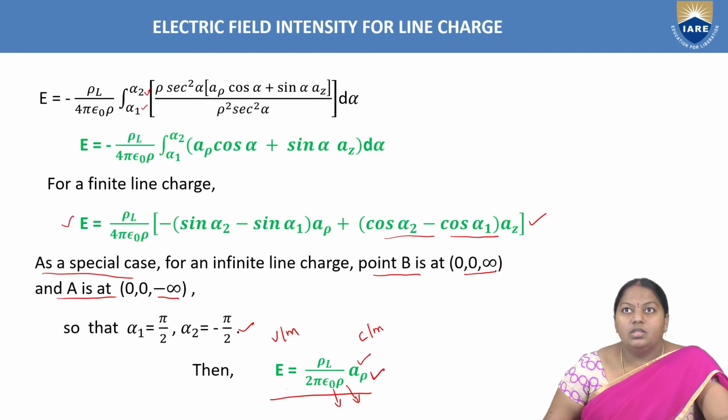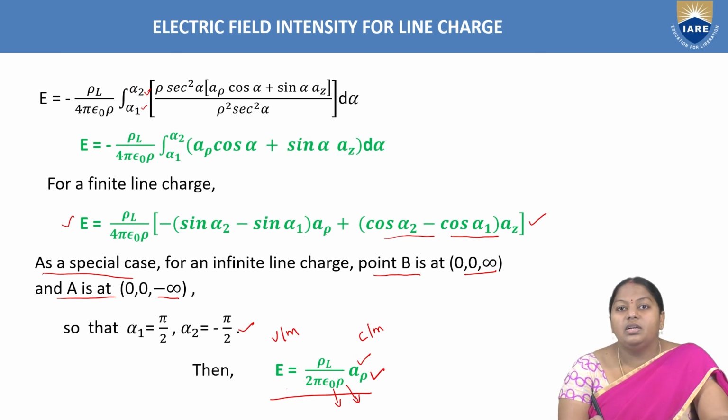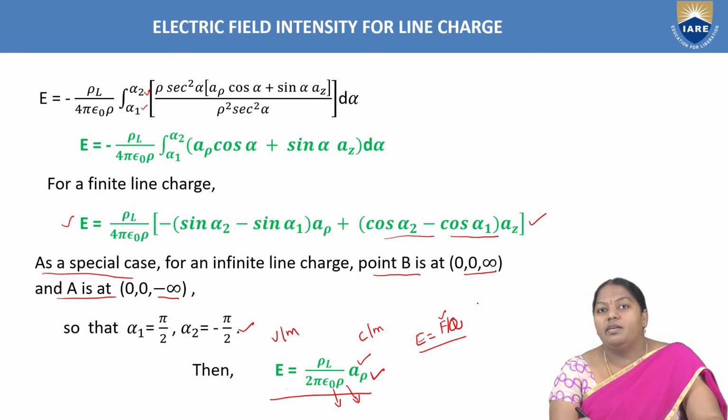Okay, so in this class, what we have learned is the definition of electric field intensity. As we know, electric field intensity is also called electric field strength, and it is measured as force per unit charge when it is placed in an electric field E. So E equal to F by Q. As we know the force equation from Coulomb's law, if you substitute in place of F, then E equals the generalized equation for the 2-point charges we have learned.